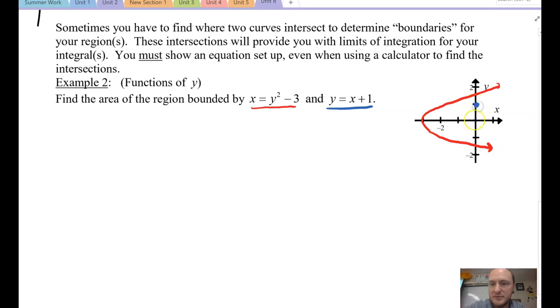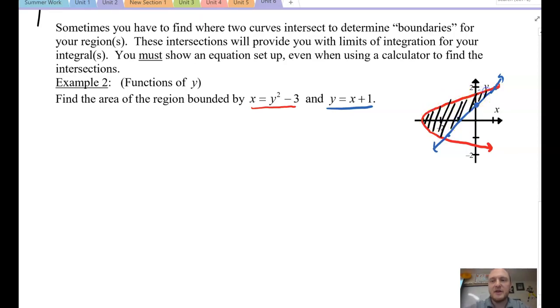So there's our intercept. Slope is positive 1. So something like this. Okay, so here's our two functions. And we want the area bounded between them. So that's going to be all of this area.